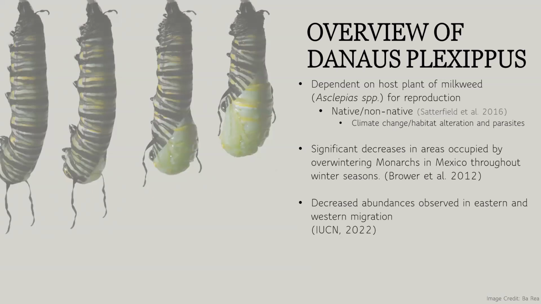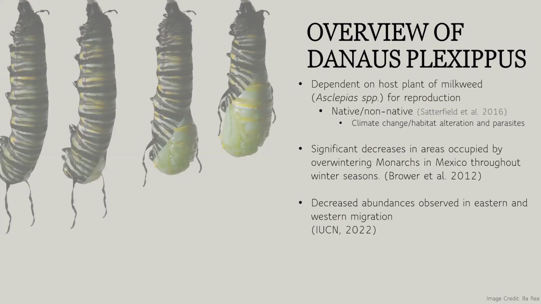In addition, climate change has had a big impact on that as well, with increased global temperatures. Sometimes they're not getting the instinct to migrate south towards warmer weather if it's warmer where they're at. There's been significant decreases in areas occupied by overwintering monarchs. And in addition, the IUCN reports that the Western monarch population has decreased by 99.9% since the 1980s.